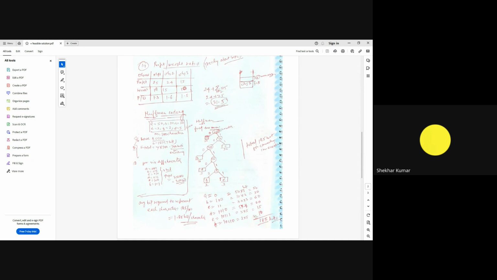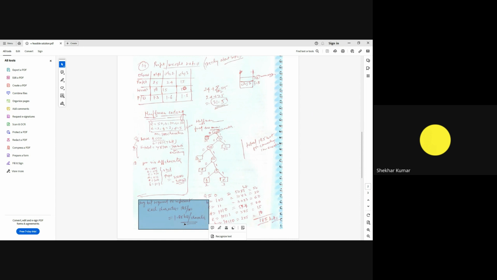In the ASCII case, the average is 7 bits per character because we have a total of 700 bits and 100 characters. In the second case, we require 3 bits per character, but with Huffman coding, we require only 1.85 bits per character to represent this complete message.